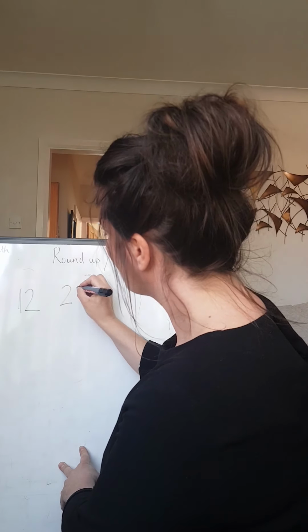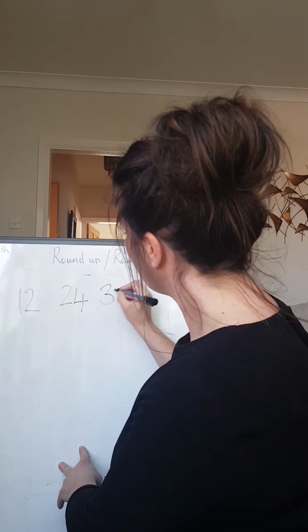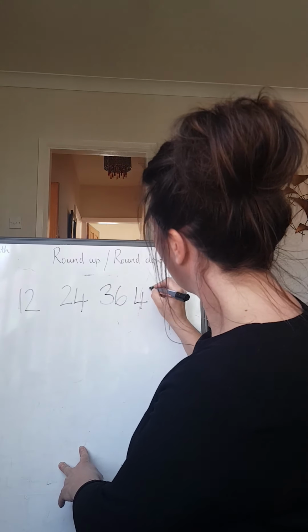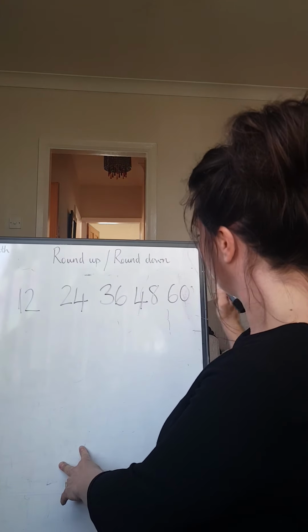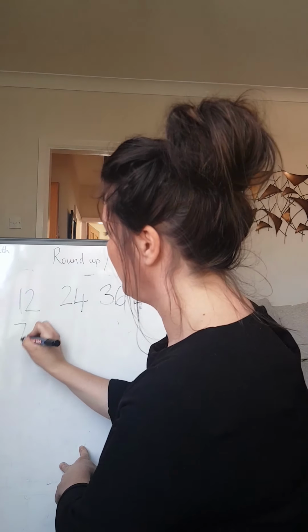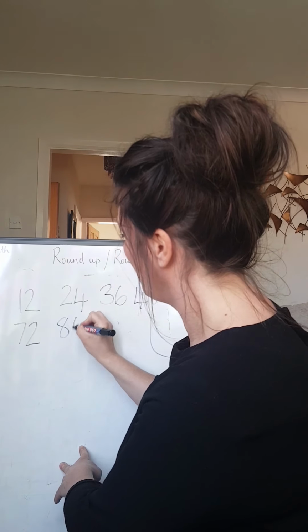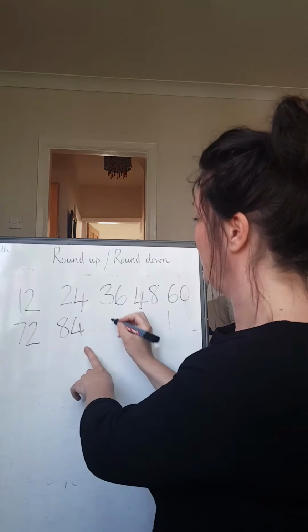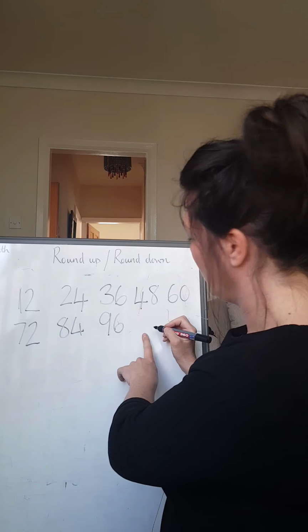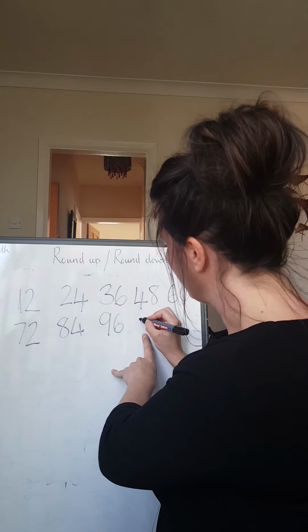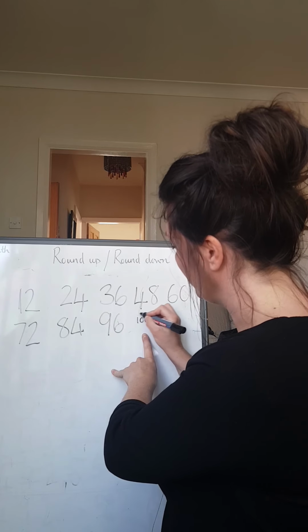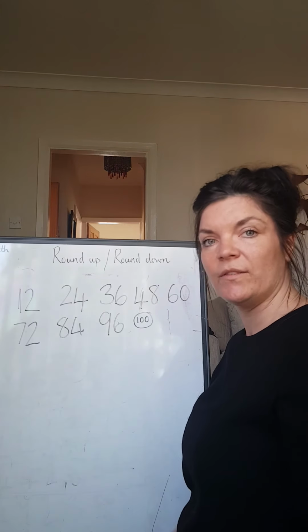12, 24, 36, 48, 60, 72, 84, and spot the pattern now, 96, 108. Well, I had 100 bottles actually, so that's not in the 12 times table.